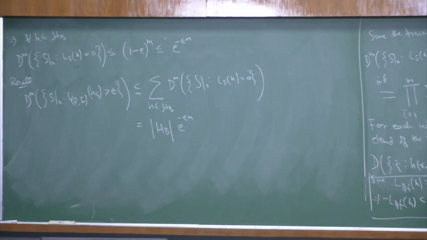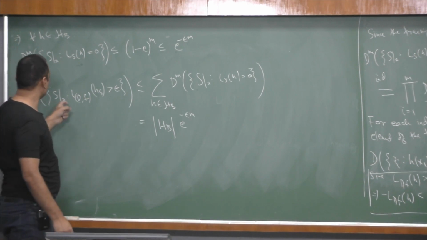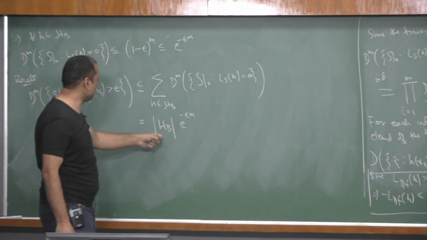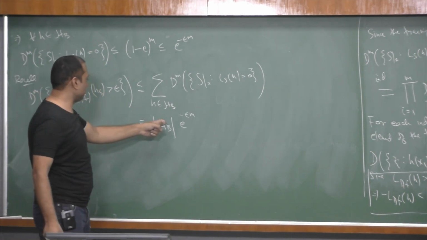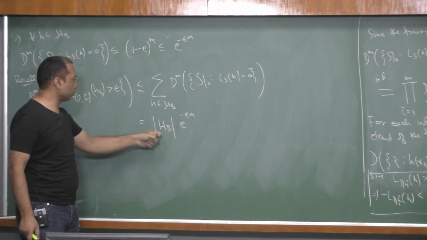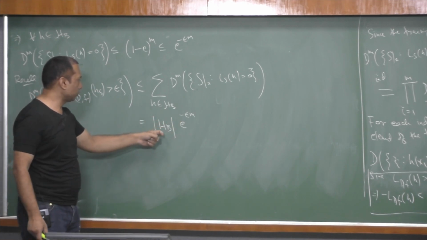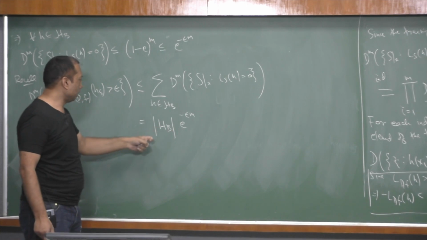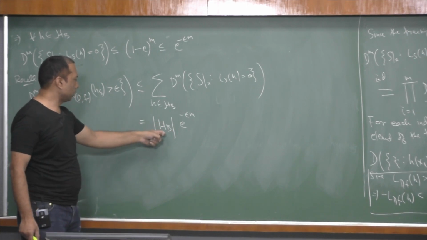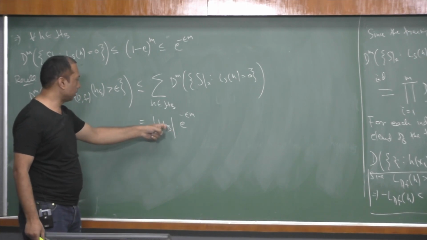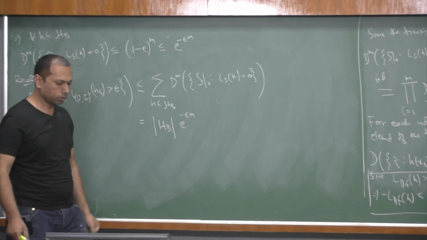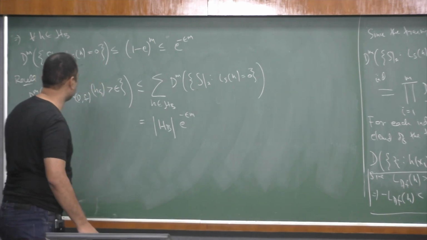So this is the result we have, where we see that there is a bound that includes epsilon, and then the sample size m, and then also the size of HB, the bad hypothesis class.